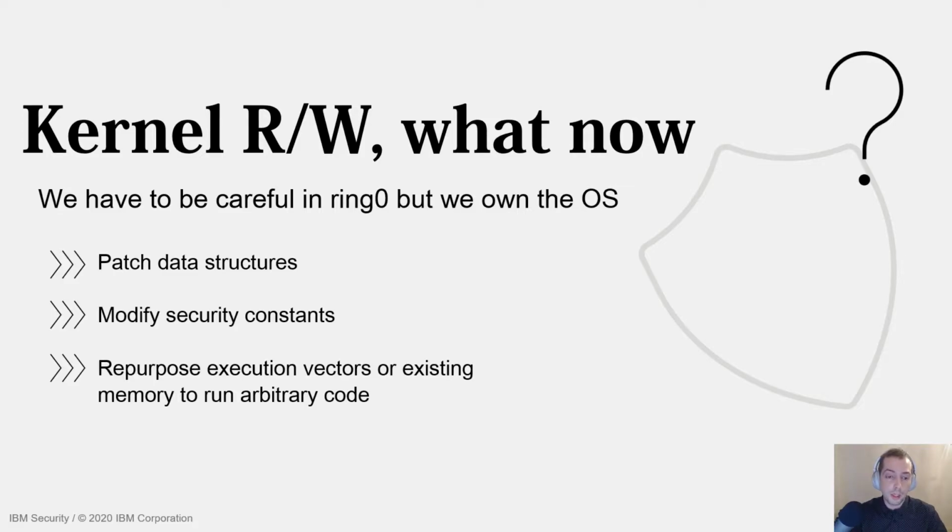But the takeaway here is that at this point, we essentially own the OS. We can patch data structures, modify security constants, repurpose execution vectors or existing memory to run our own arbitrary code, and we'll see examples of that.